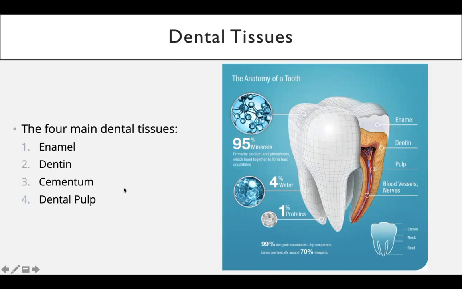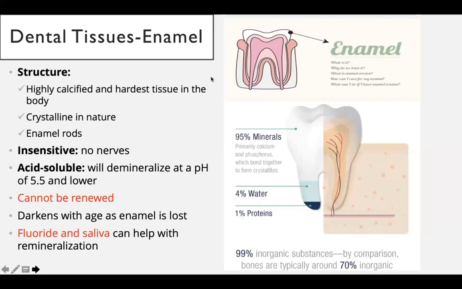So teeth have more calcium and phosphorus. Why doesn't the parathyroid hormone take calcium from here, rather than from our bones?